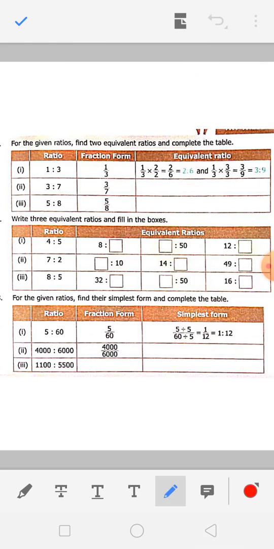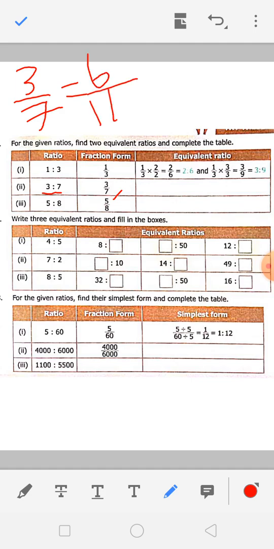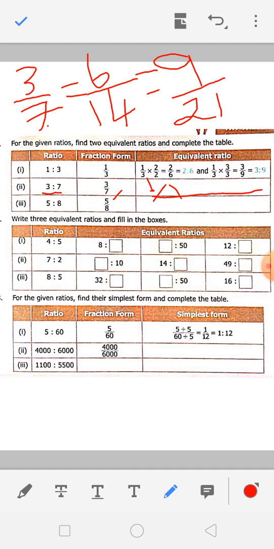You are now telling me, here look at the 3 ratio 7. So I can write 3 by 7. What is the same fraction equal to? The 2 table, multiply by 2. So 3 2s are 6, 7 2s are 14. So the answer is 6 by 14. And then the 3 table: 3 3s are 9 divided by 7 3s are 21. So you can write this answer here.